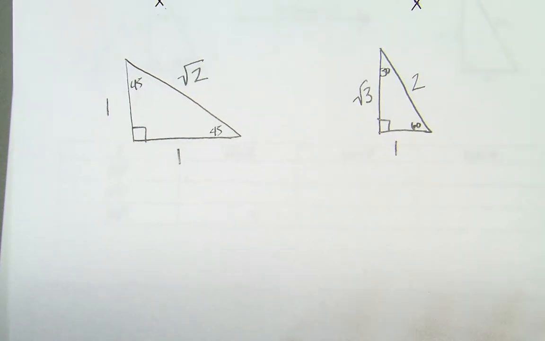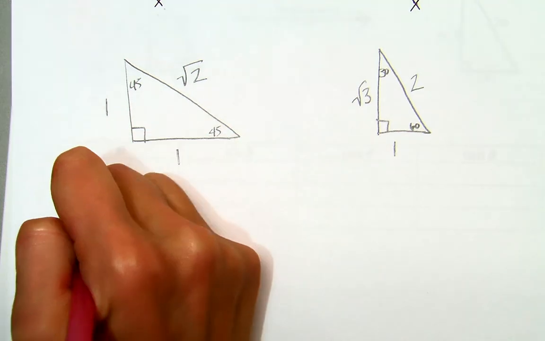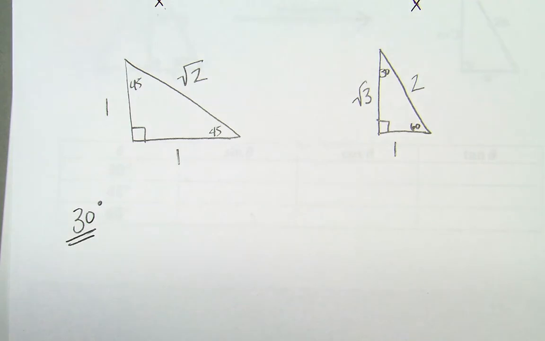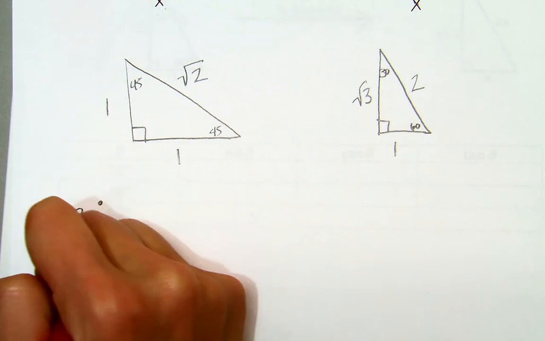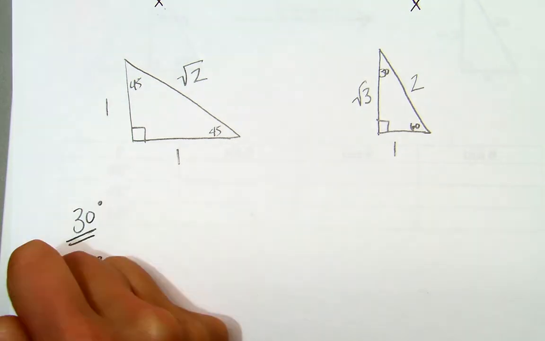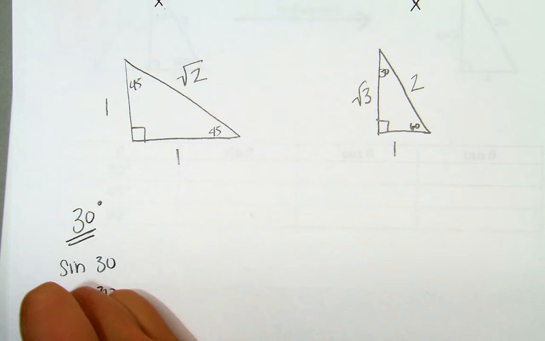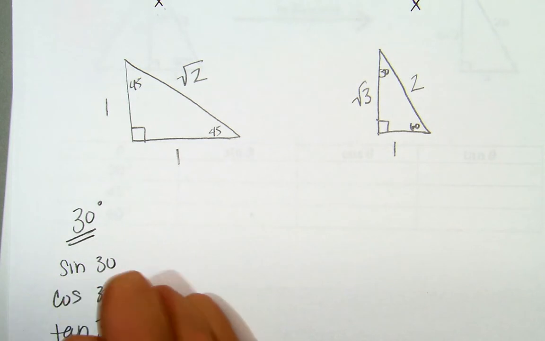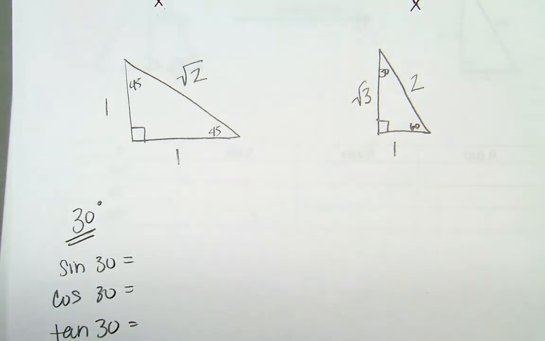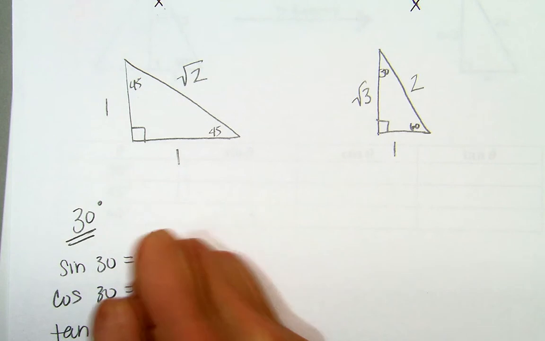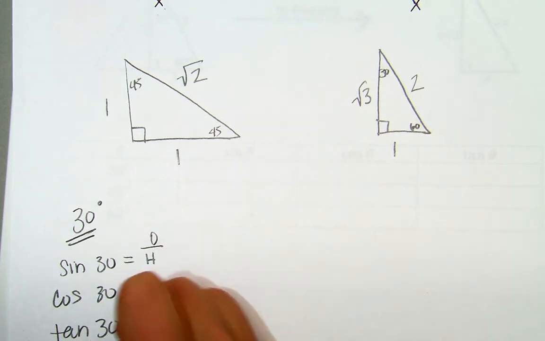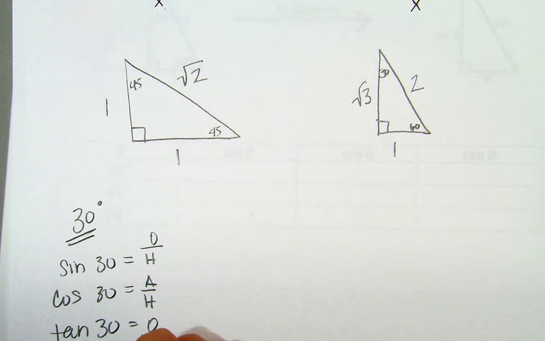Let's start with 30 degrees. We're going to find the sine of 30, cosine of 30, and tangent of 30. Sine is opposite over hypotenuse, cosine is adjacent over hypotenuse, and tangent is opposite over adjacent.